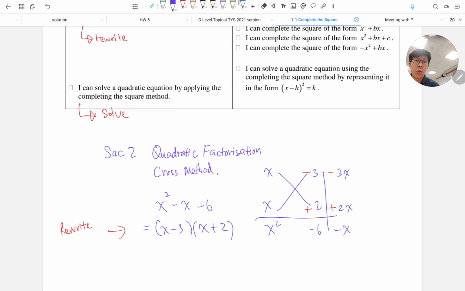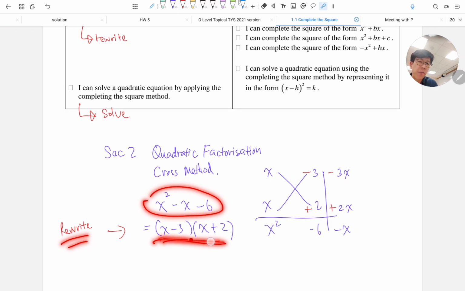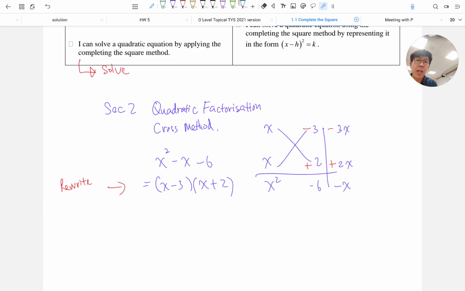Now, this whole idea is about rewriting a quadratic expression into an equivalent form that definitely looks different. But what was the purpose that we did this topic last year? It was really for us to be able to solve. Last year, once you had rewritten the quadratic expression, you used it to solve an equation like x squared minus x minus 6 equal to 0.